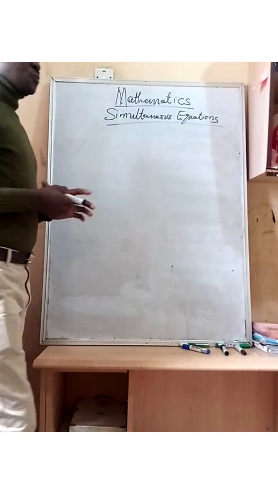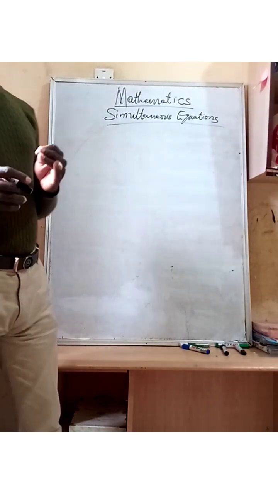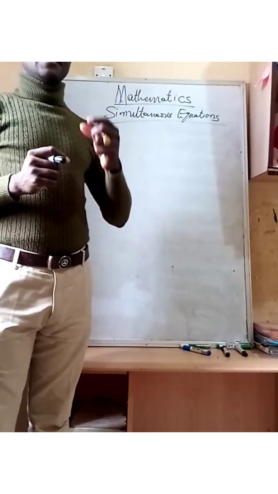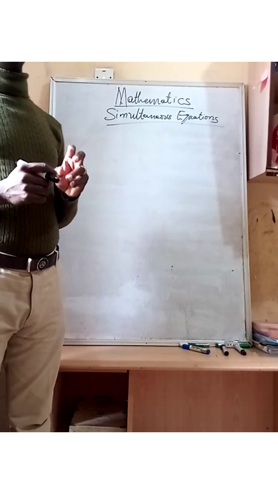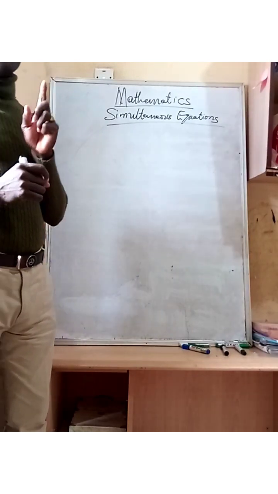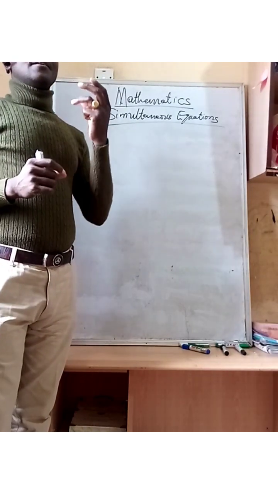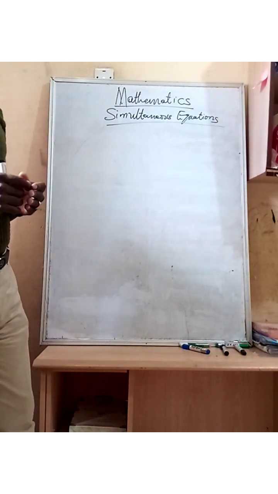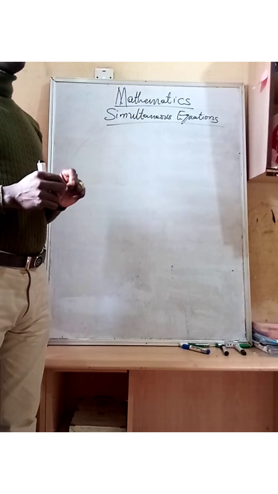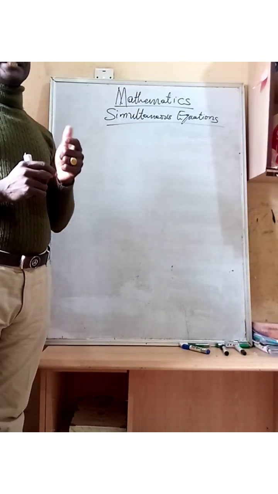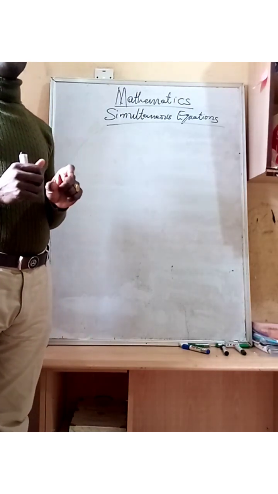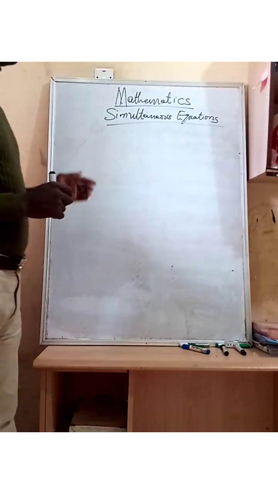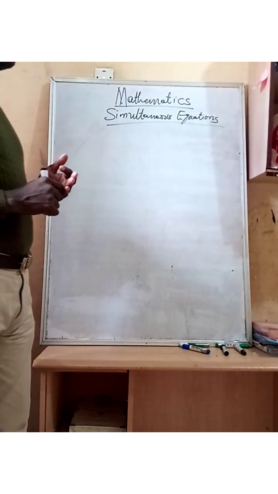In the previous discussions, we have solved problems on algebraic expressions and equations in one variable, vis-a-vis quadratic expressions and quadratic equations. But simultaneous equations involve more than one variable.